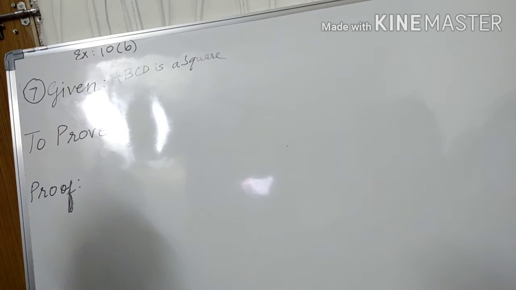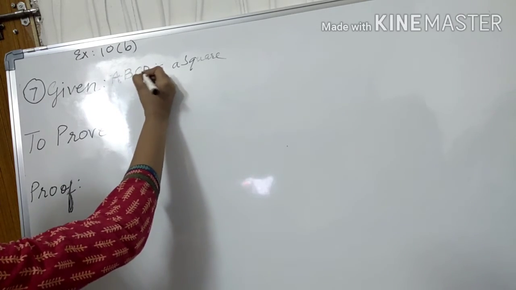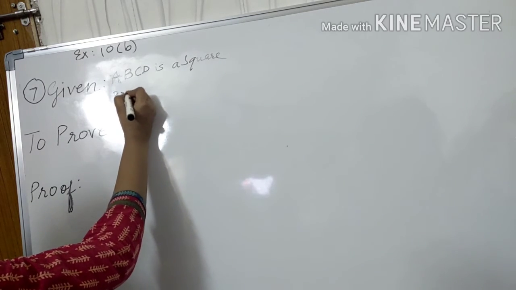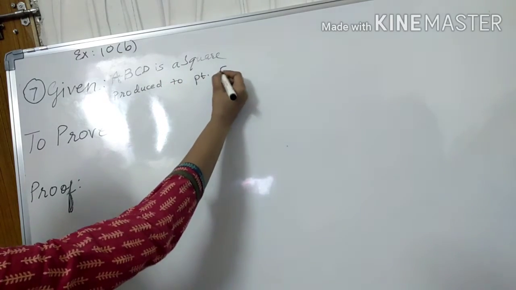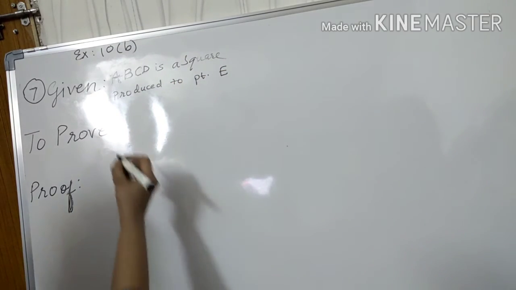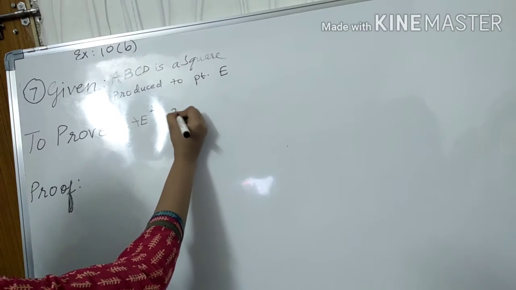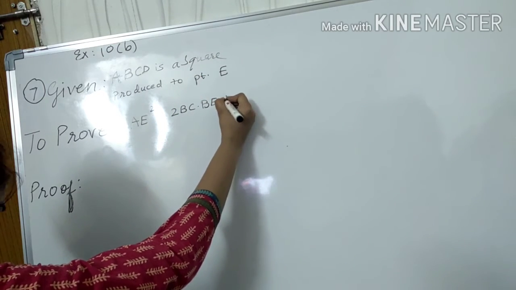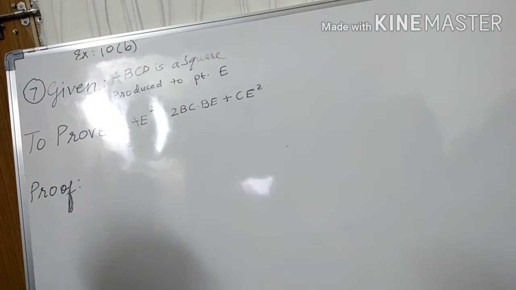Then it is also written that it is produced to point E. Now the to prove part is AE square is equal to 2BC into BE plus CE square. This is what we want to prove. So now let us start with our proof part.